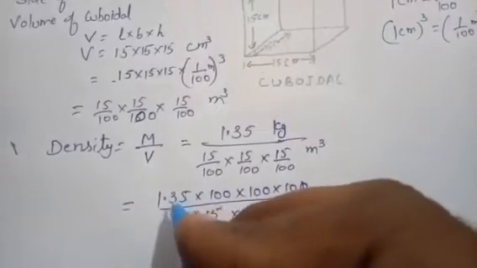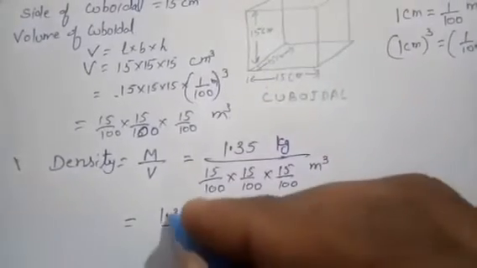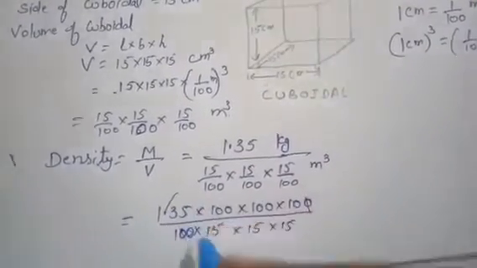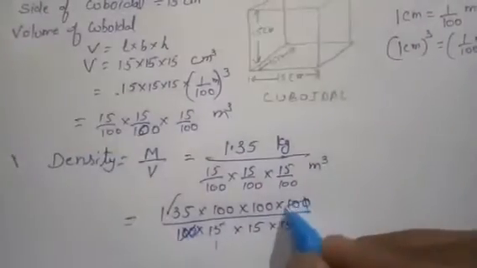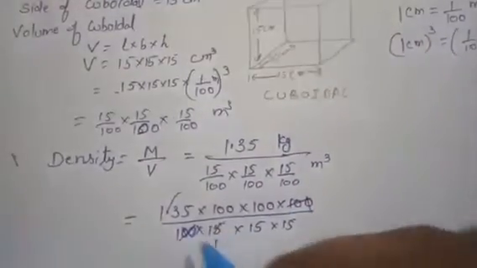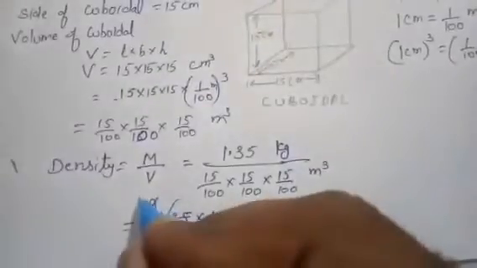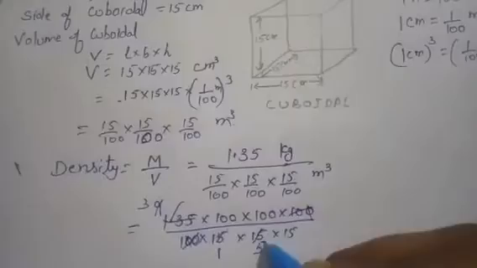Here we will first remove this point. So we remove this point, and here it will become 135 over 100. So 100 cancels with 100. 5 times 1 is 5, 5 times 9 is 45, that is 135. 3 times 3 is 9, 3 times 5 is 15.